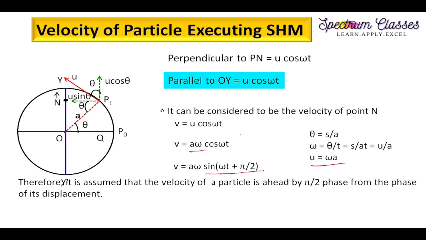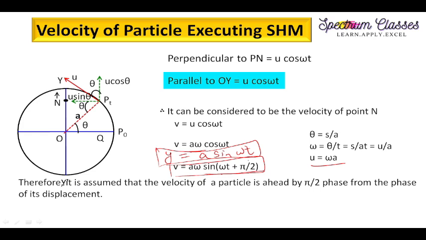So here what we have seen, the displacement is a sine omega t. Right, y is equal to a sine omega t. So this is the displacement-time equation, and this is the velocity-time equation. Here velocity is equal to a omega sine omega t plus pi by 2.